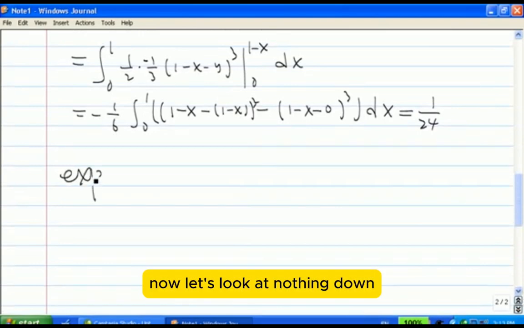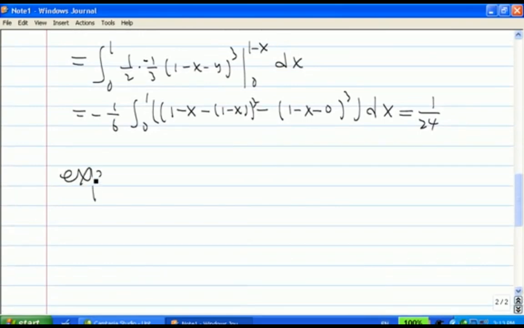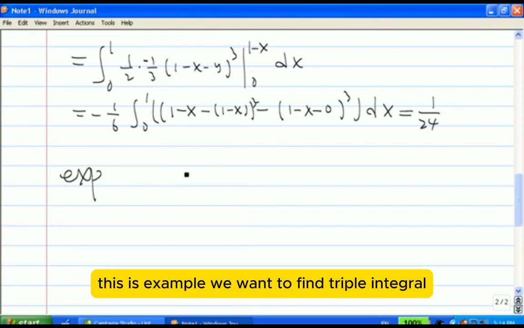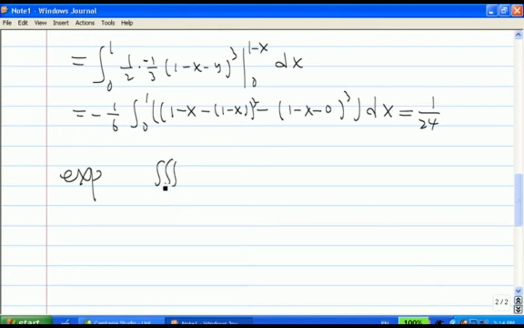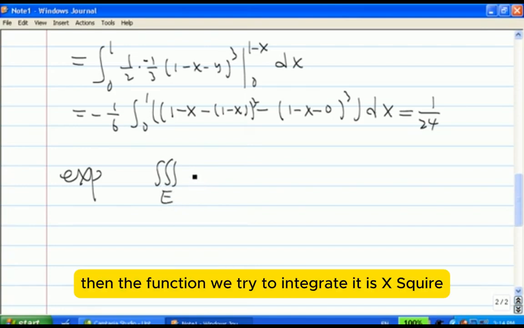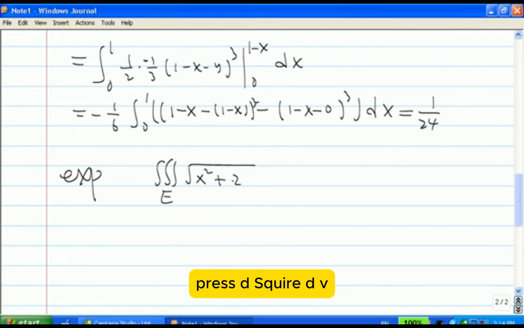Now let's look at another example. In this example, we want to find a triple integral over E, where the function we try to integrate is x squared plus z squared, dV. My E this time is part of a paraboloid.